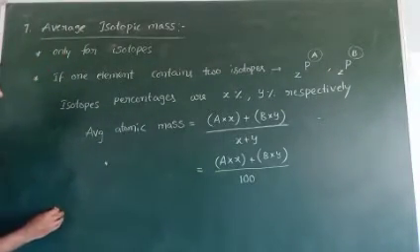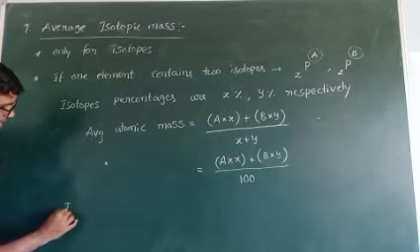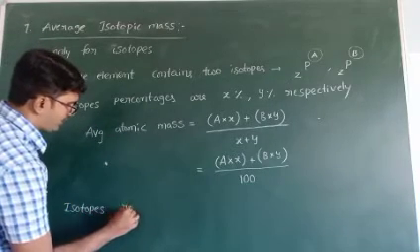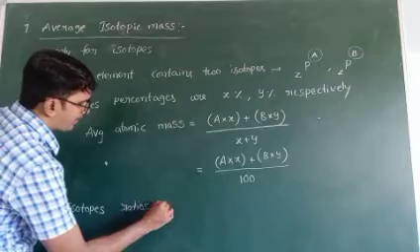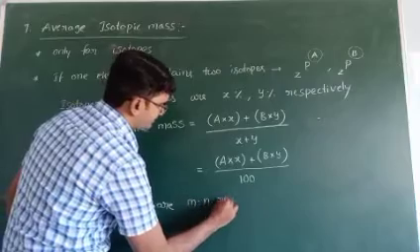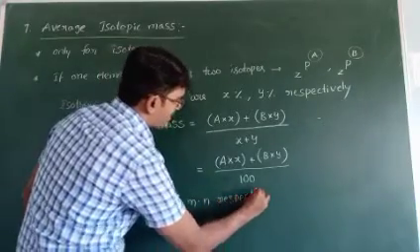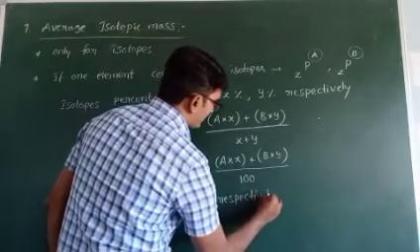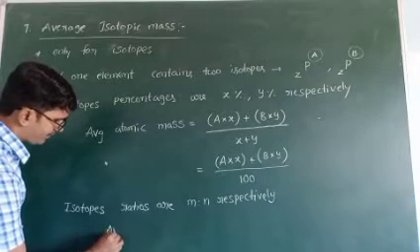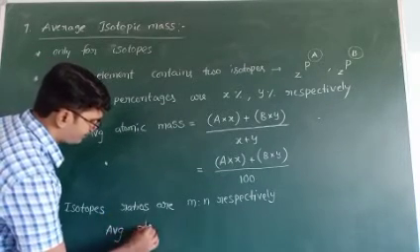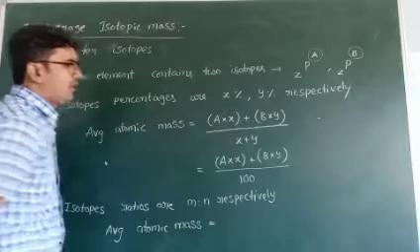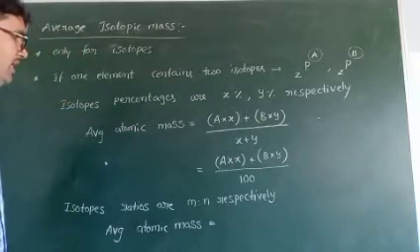If ratios are given, if the isotope ratios are m is to n respectively, then the average atomic mass is equal to, how can we calculate it? It is very simple.